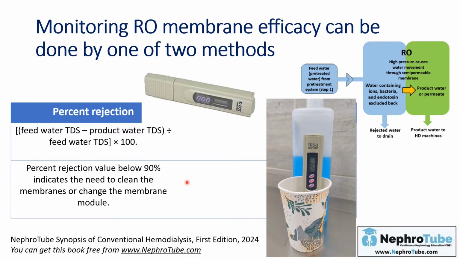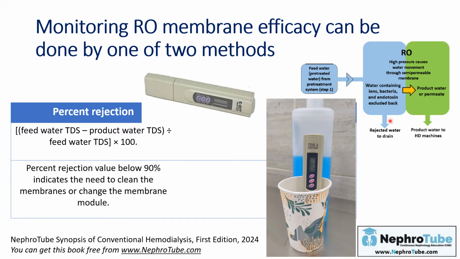The normal result must be that the percent of rejection is more than 90% of the feed water, because the reverse osmosis normally excludes 90% of ionic compounds and more than 95% of the contaminants such as ions, bacteria, and endotoxins.